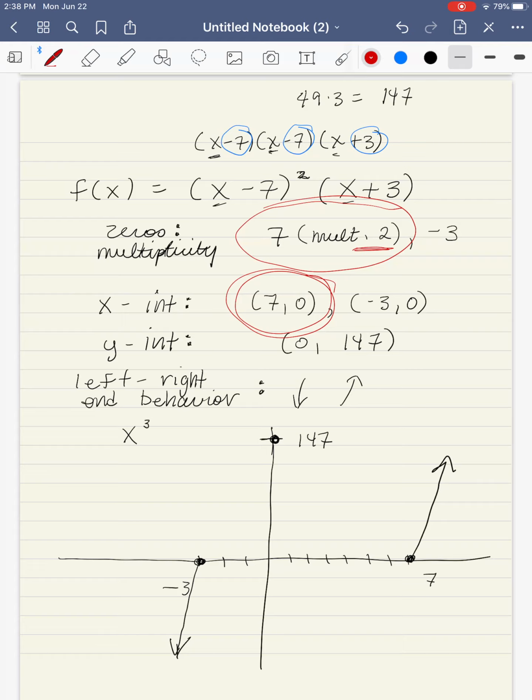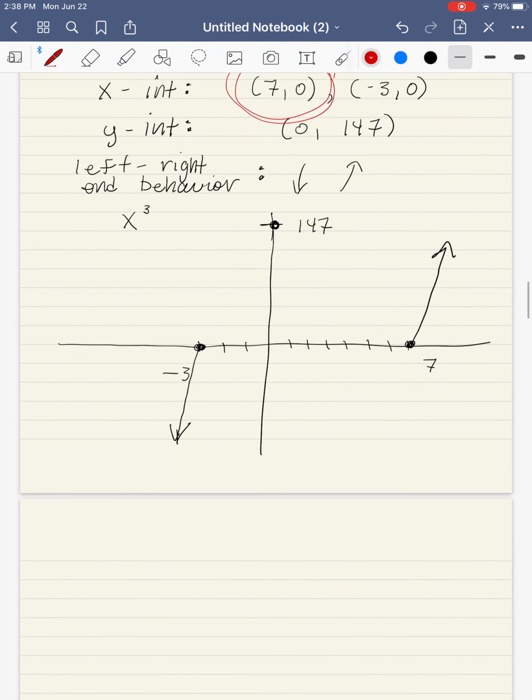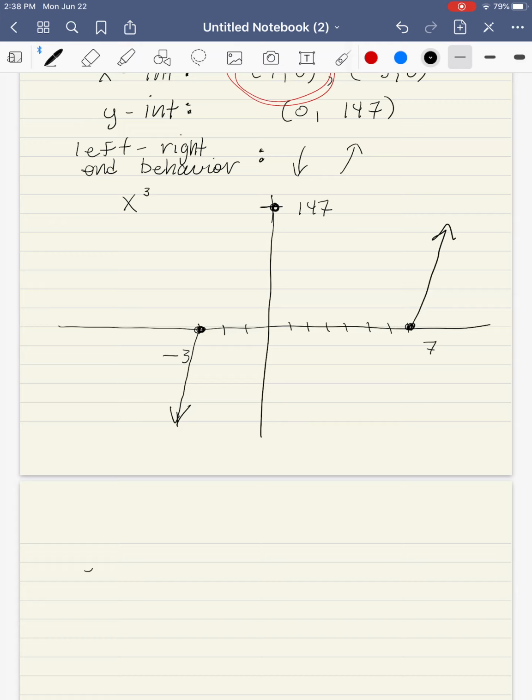The behavior of the graph is going to be different at this x-intercept because of the multiplicity 2. 2 is an even number. If we have even multiplicity, then that means that the graph is going to touch at the x-axis and then turn straight back. That's called tangent. We'll have tangent behavior.